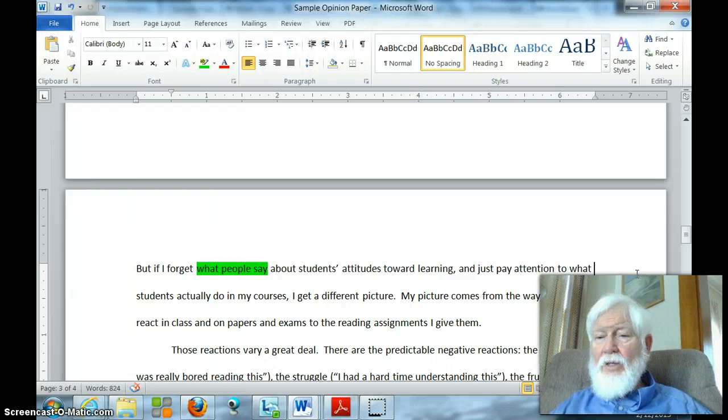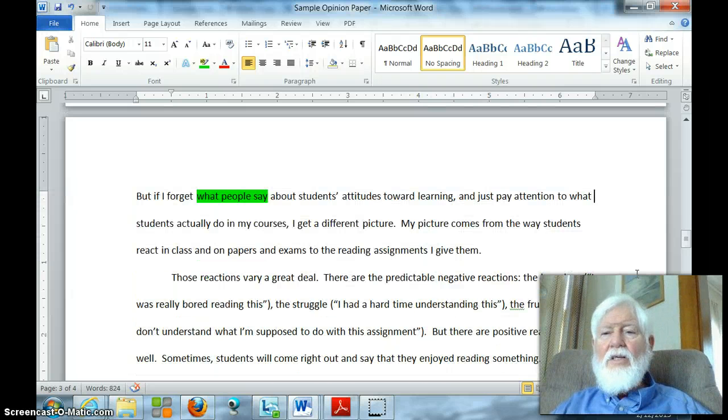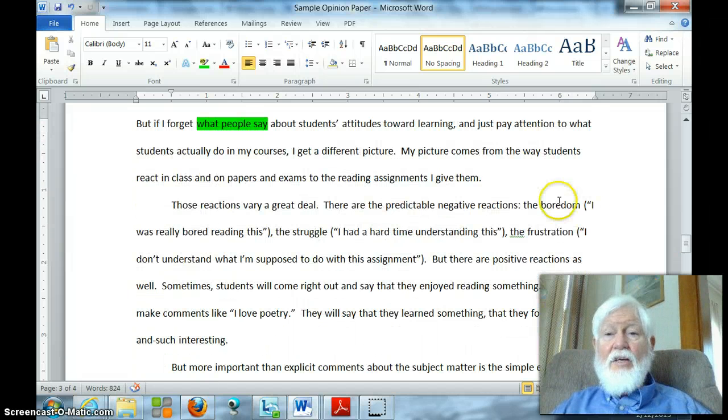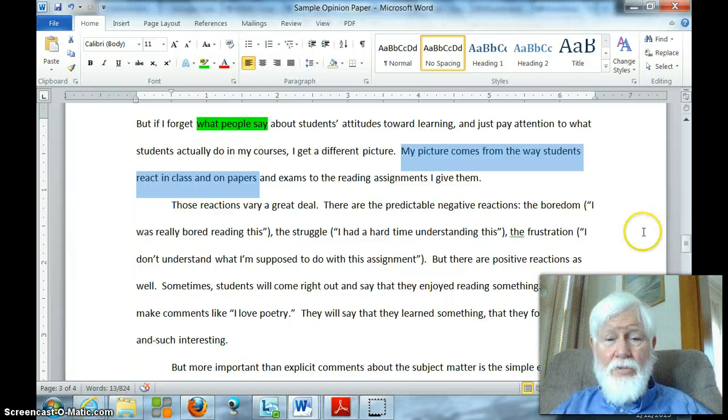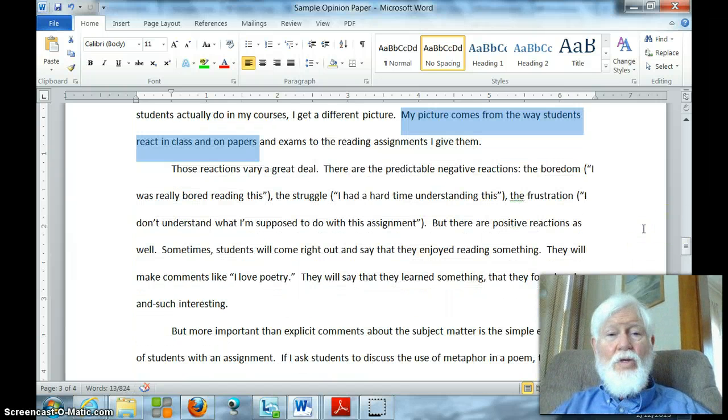So now the reader knows, oh, okay, this guy is going to give us the picture from his point of view, what he has to say. And my picture comes from the way students react in class and on papers and exams and so on, right? Okay.